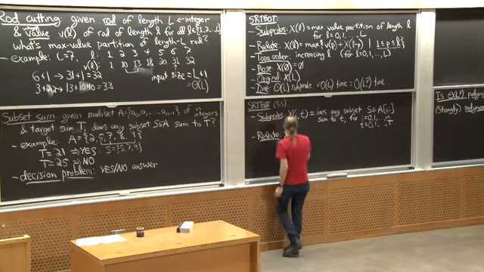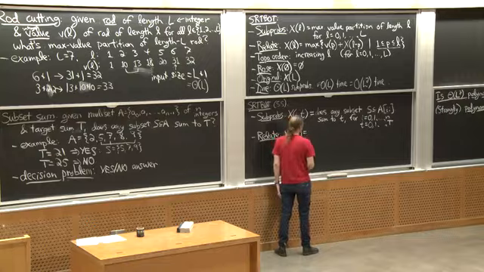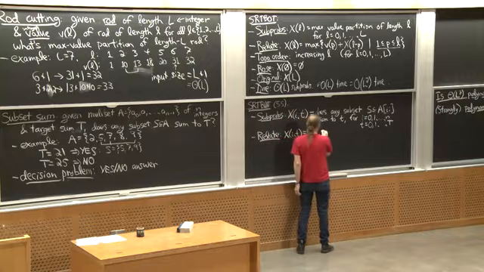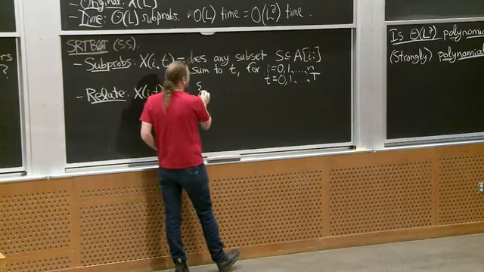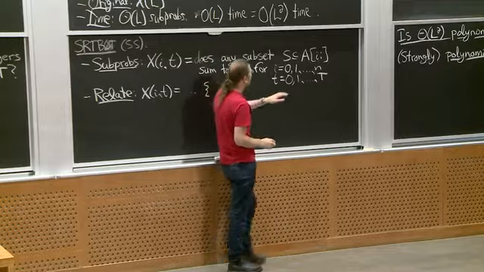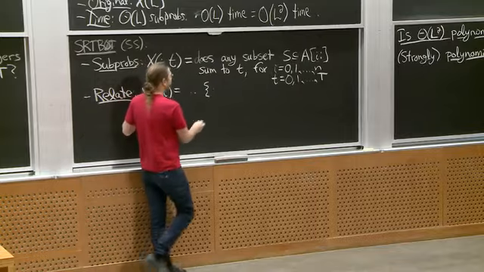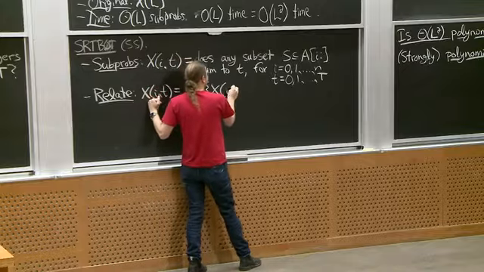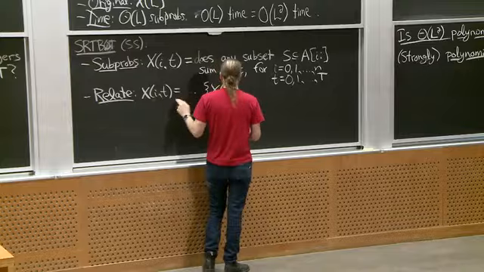So x of i, t is going to involve two things. So there's an operator here, and then I have a set of two items, which is I could choose to not put A of i in my subset. In that case, I've eliminated A of i, and what remains is A of i plus 1 onwards. And I didn't change my target sum.